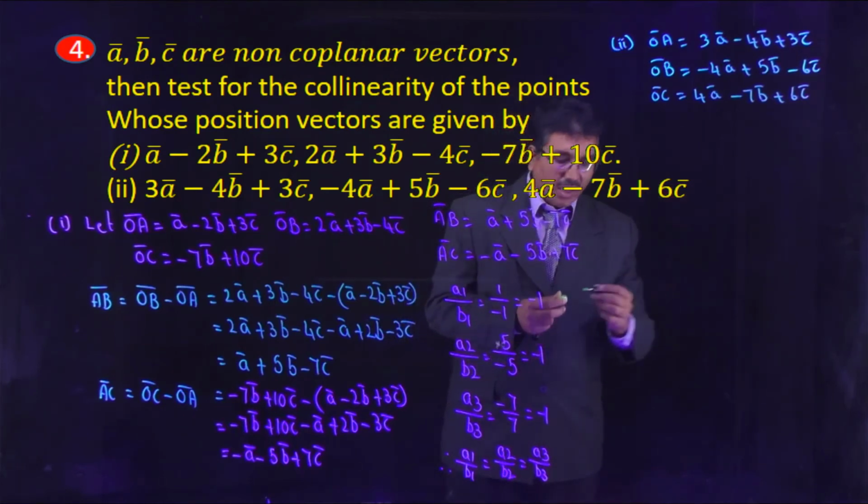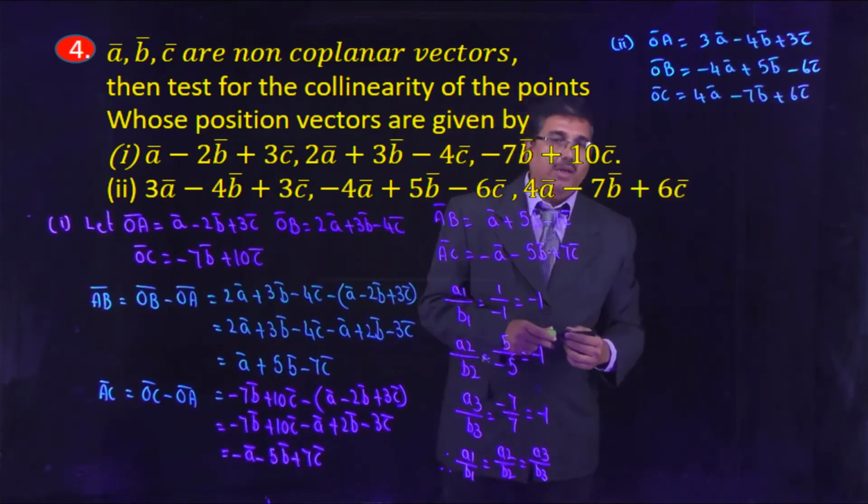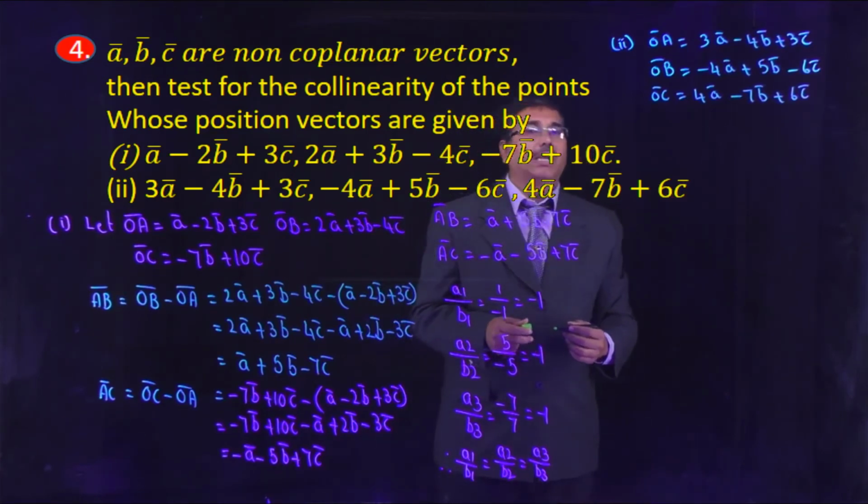Now verify whether these points are collinear or not. For that, we find two vectors.